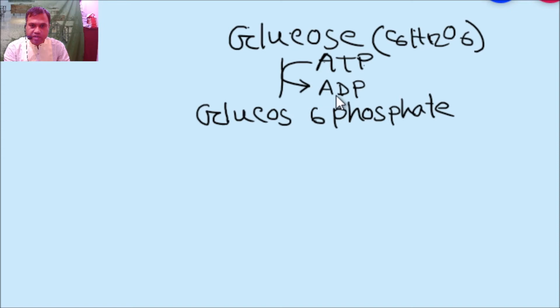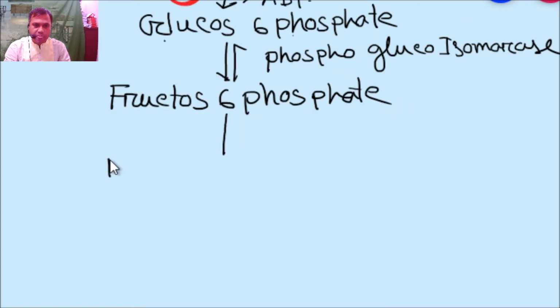Next, fructose 6 phosphate turns into fructose 1,6 bisphosphate. This is the third reaction.